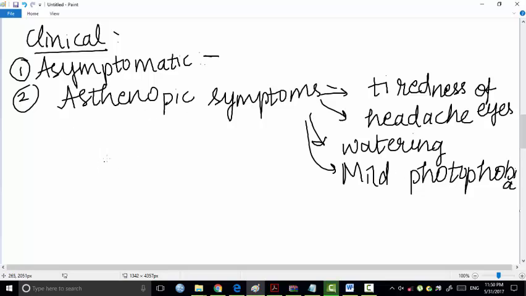All these are called asthenopic symptoms, which are associated with hypermetropia. The next is defective vision.